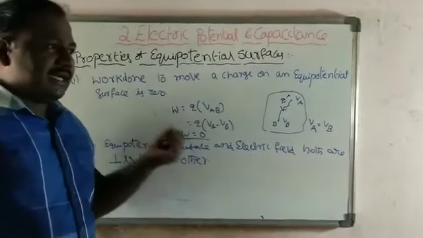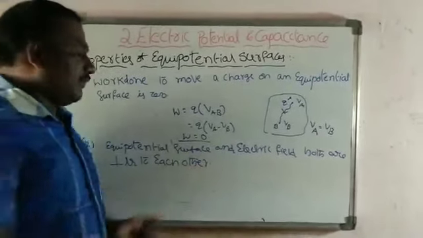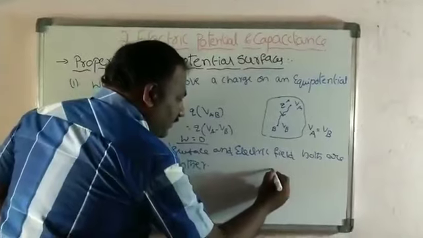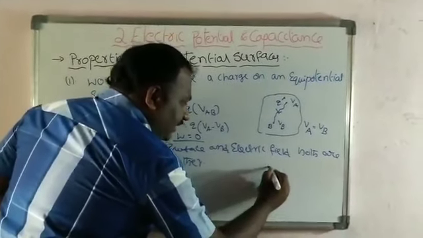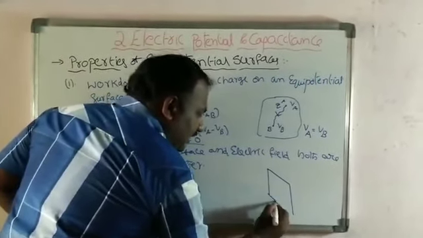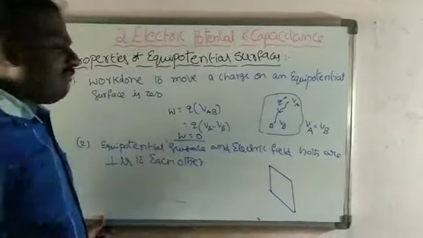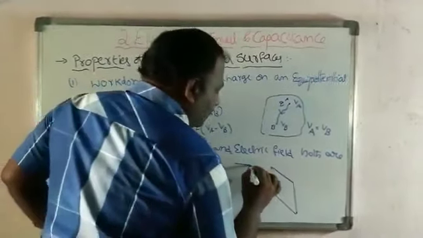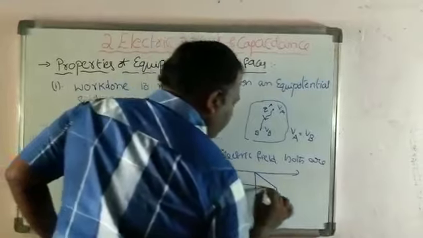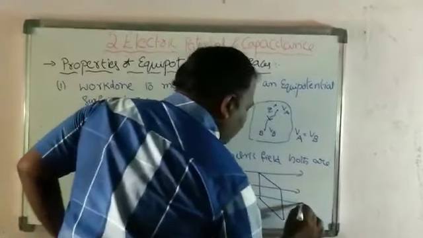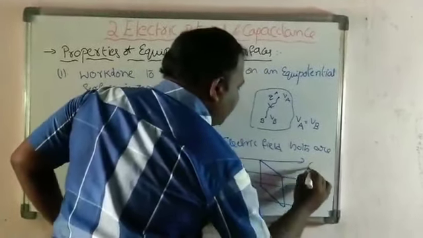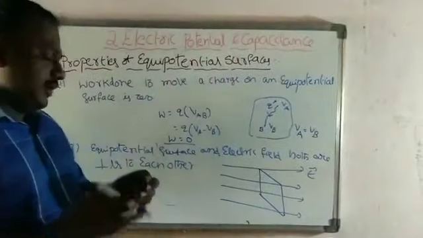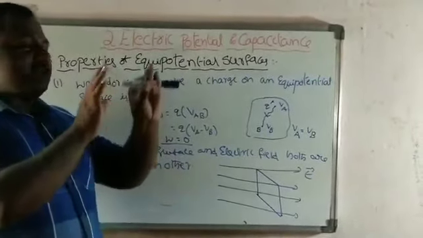For example, remember that first example. The first example here I take, it is the equipotential surface. This equipotential surface is having an electric field E bar in this manner. These are the field lines.